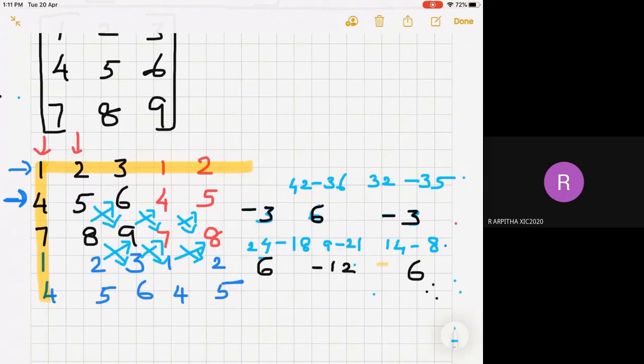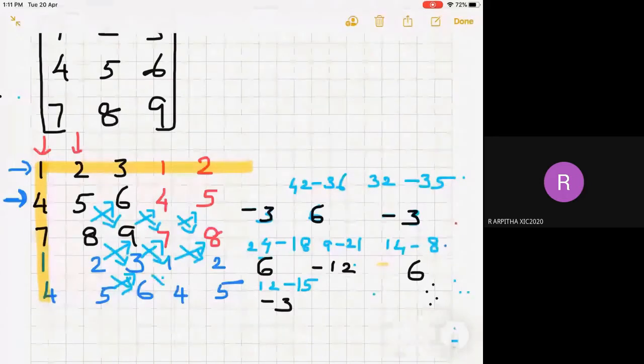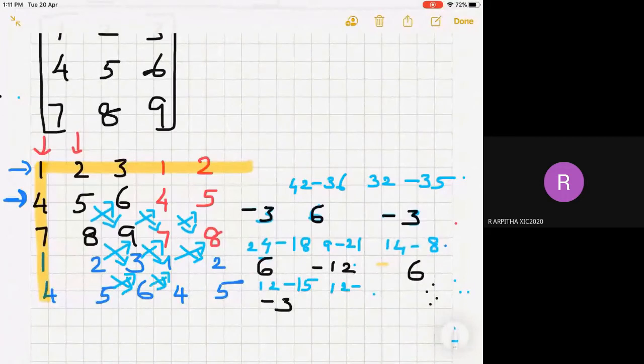Okay. Now for the third row, the same technique I use. 2 into 6, that is 12, minus 5 into 3, 15. So what I am getting is minus 3. Next, 3 into 4, 12, minus 6 into 1.